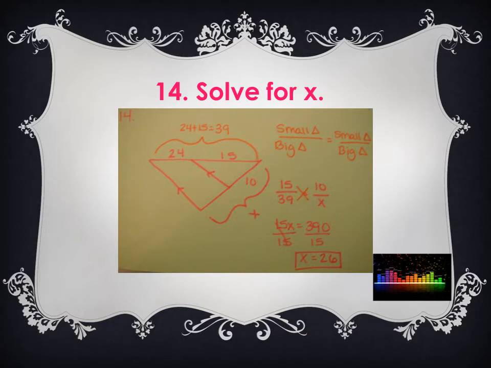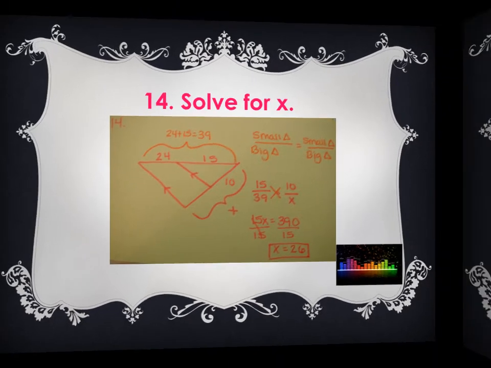Then we set up our proportion. So 15 over 39, which comes from 15 plus 24, equal to 10 over x. Then we cross multiply. We get 15 times x equal to 39 times 10, giving us 15x equals 390. We divide both sides by 15 and get x equals 26.